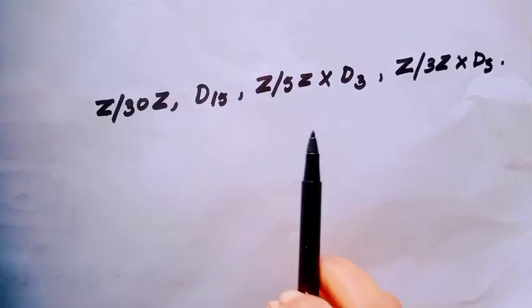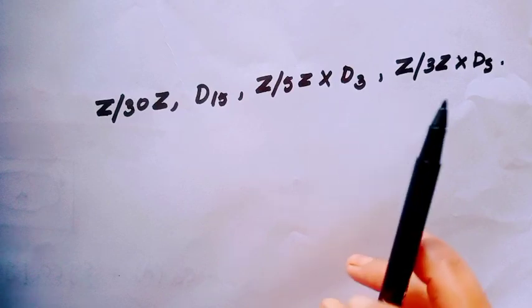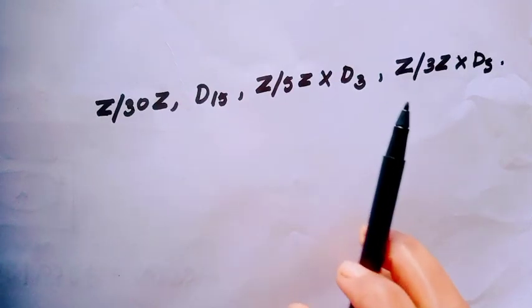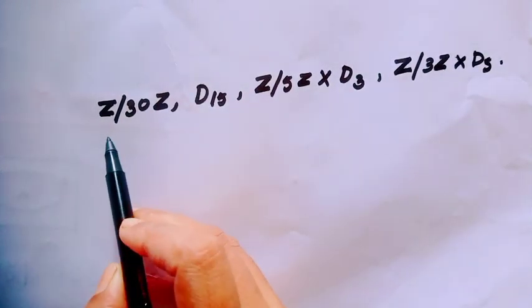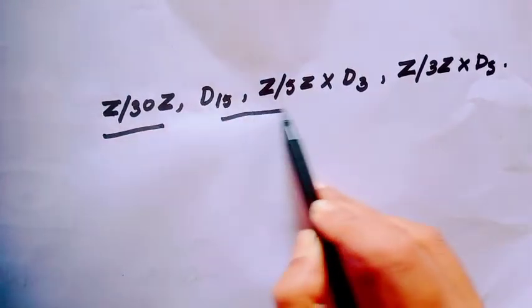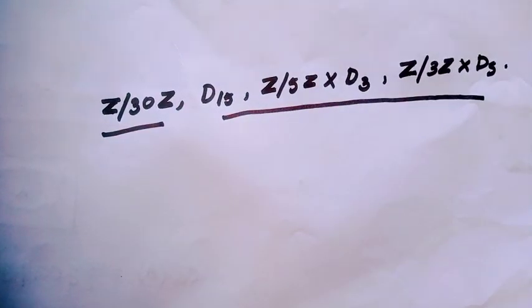That means there are exactly 4 isomorphism types of groups of order 30, and one of them is abelian and the others are non-abelian, up to isomorphism.